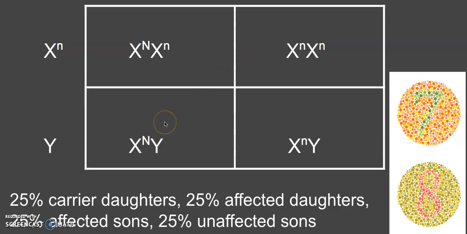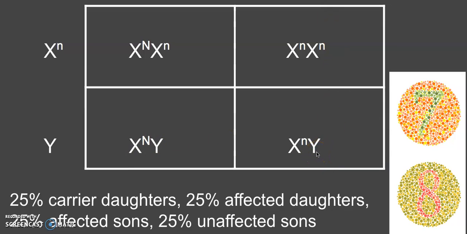We have mom giving the big N down here to her son. Dad's giving Y, obviously. And so this son does not have color blindness, and this son does because he's only getting this colorblind allele from mom.